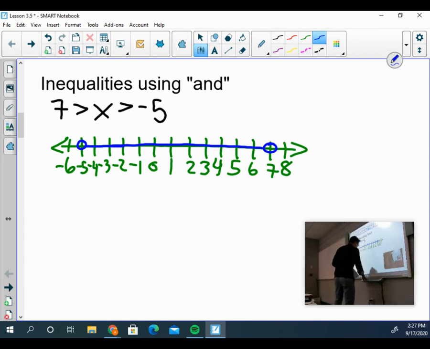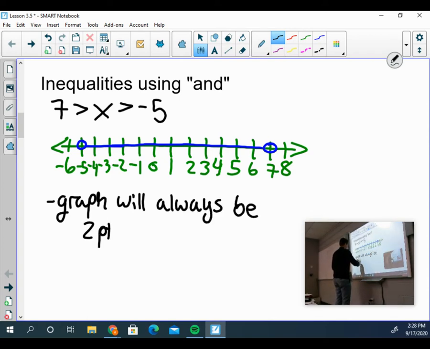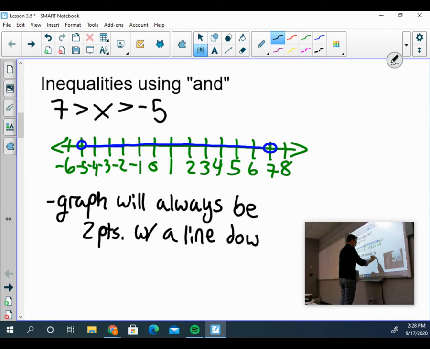Your hint for and inequalities. The graph, and I do want you writing this down, the graph will always be 2 points with a line down the middle.